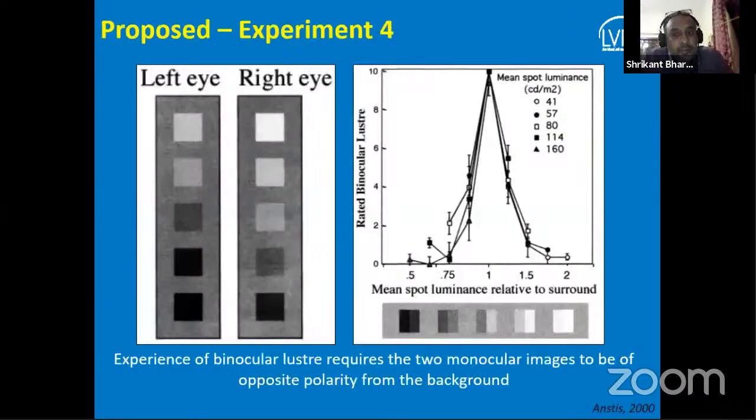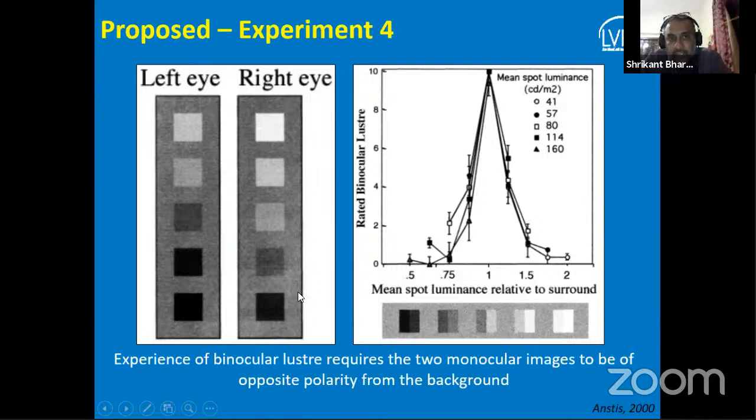Now, how do we do this? We go back to the literature and we look at a fantastic paper by Stuart Anstis in 2000, who was looking at different patterns of images that would actually produce binocular luster. What he was able to show very dramatically is that, from the background luminance, only if the two images have opposite polarities.